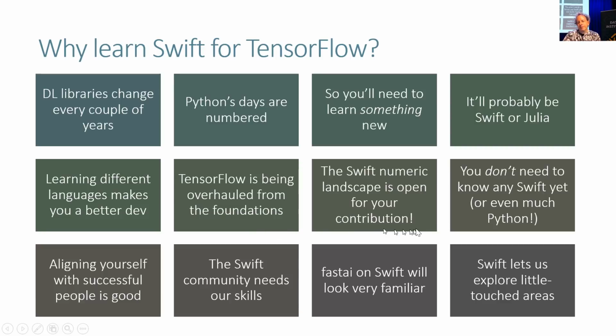So there's basically almost no data science ecosystem for Swift, which means the whole thing is open for you to contribute to. So you can make serious contributions, look at any Python little library or just one function that doesn't exist in Swift and write it, right?